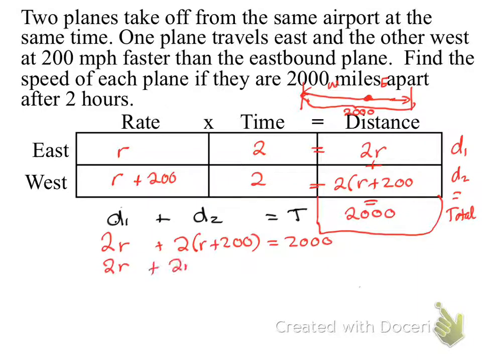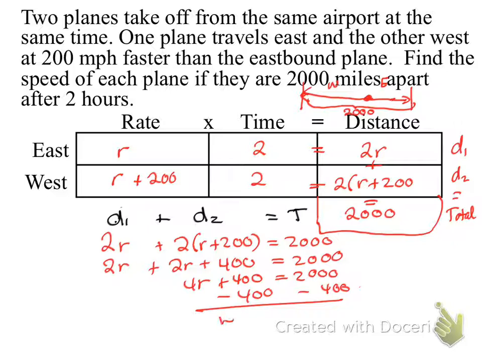2r plus 2r plus 400. 400 equals 2,000. That's 4r plus 400 equals 2,000. Subtract 400. 4r equals 1,600. Divide by 4, divide by 4.